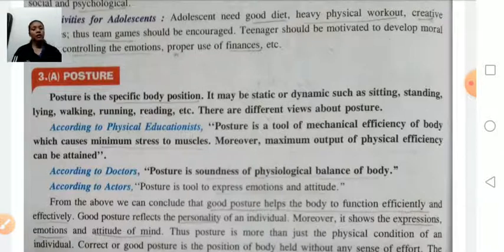And for a doctor, posture is soundness of physiological balance of the body. If the person's physiological balance of the body is good, it means his posture is good according to the doctor.